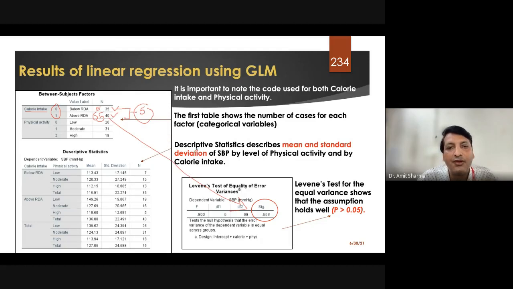We cannot read the further results. We have to stop here. We cannot apply the GLM unless Levene's test is satisfied. For that, we have to increase the number of samples in our study until we get Levene's test more than 0.05.